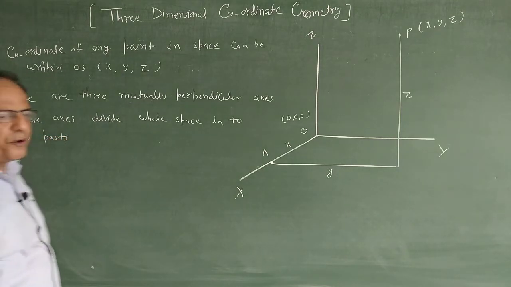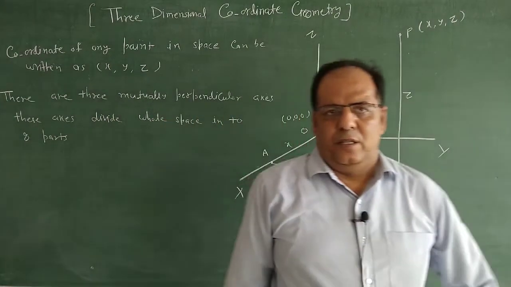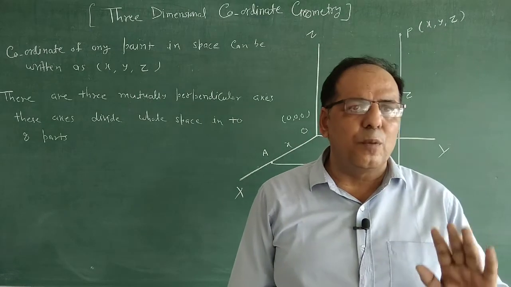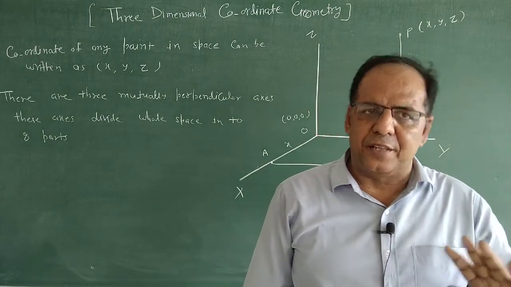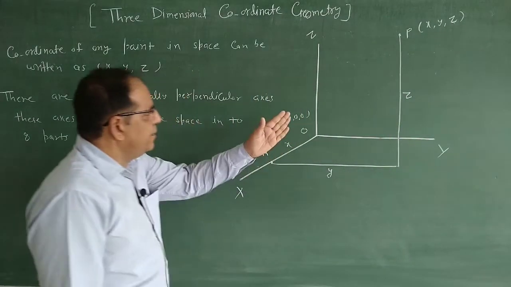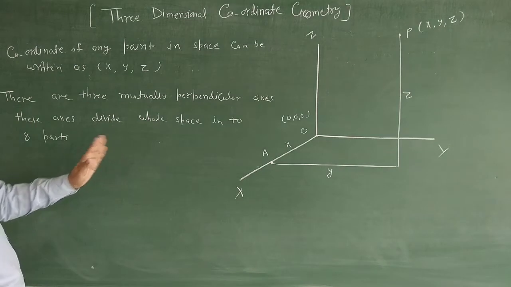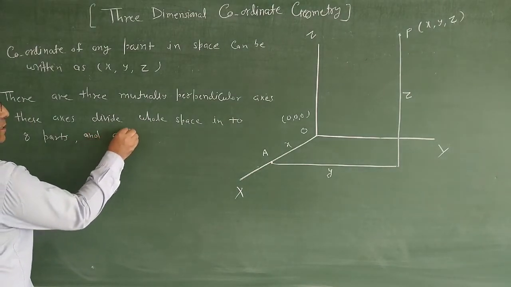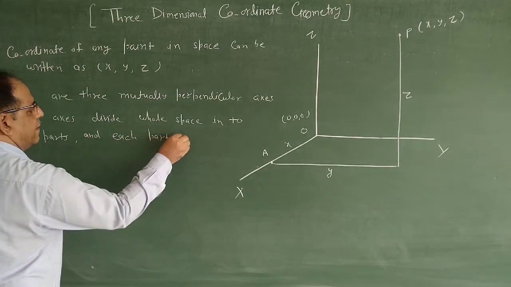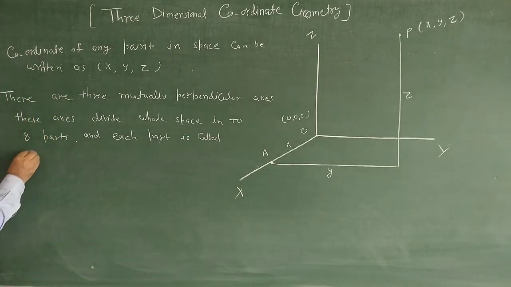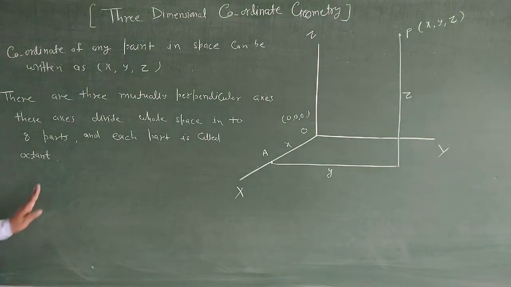Just like in two-dimensional coordinate geometry, the two mutually perpendicular axes known as x-axis and y-axis divide the whole plane into 4 parts, and each part is called a quadrant. Similarly, here these three mutually perpendicular axes divide the whole space into 8 parts, and each part is called an octant.